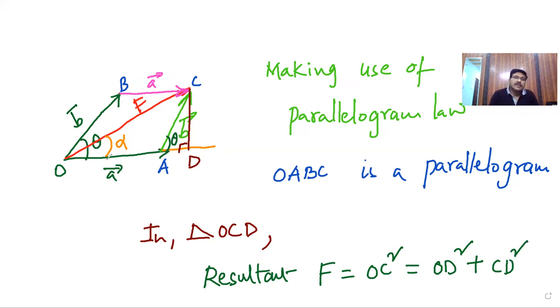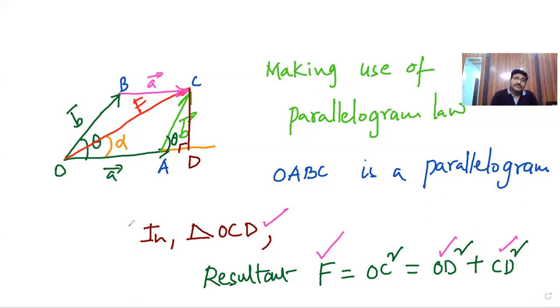That means if I want to know OC, that is the resultant F, I must know OD and CD, such that OD square plus CD square is OC square. Provided I know OD and CD, then I can easily find out in this right angle triangle OCD the quantity of resultant F. Clear?